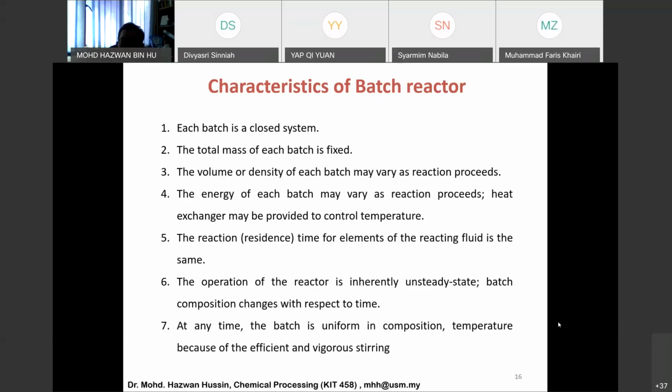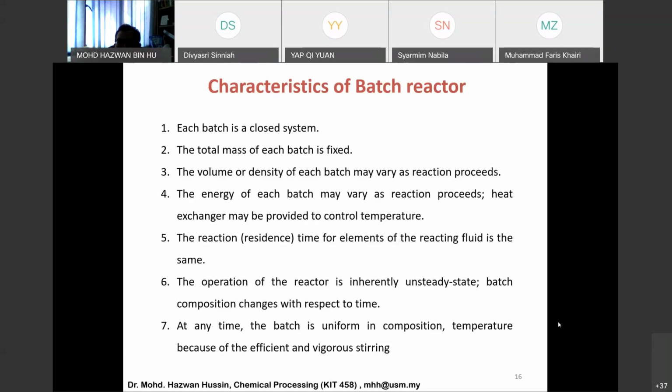The total mass of each batch is fixed. It doesn't mean that you don't know the amount, because this is a batch process. The volume and density of each batch may vary as the reaction proceeds. The energy of each batch may vary as the reaction proceeds. A heat exchanger may be provided to control the temperature.